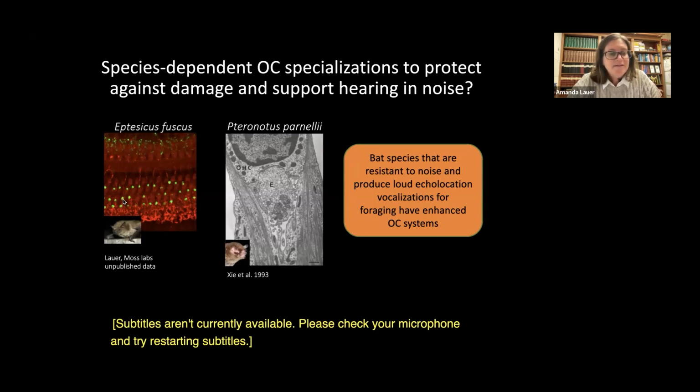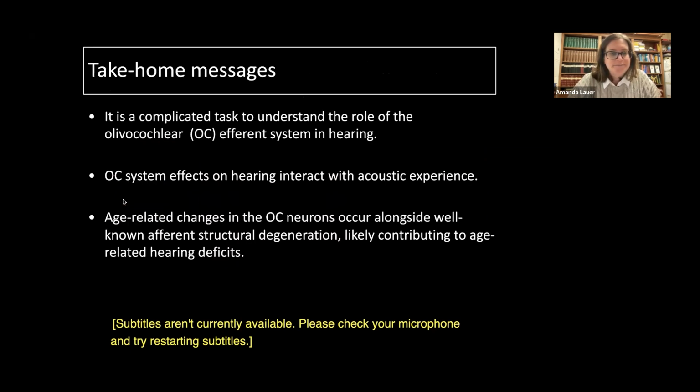We figured out a way to determine the age of the bats based on their DNA methylation in collaboration with a lab at University of Maryland. And I hope in the next year, we really will have a better handle on the specializations in these species that are evolved to live in very noisy environments with a lot of exposures.